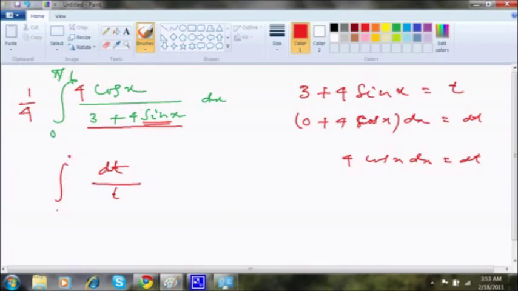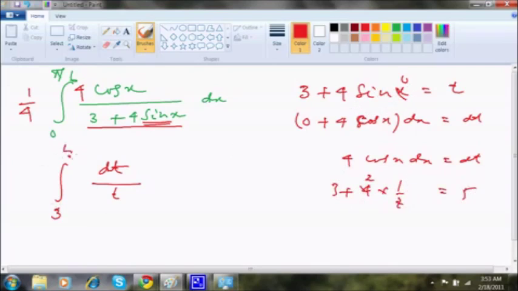This is 0 to pi by 3, so you can make out that when x is 0, this is 3 plus 4 sin 0, and sin 0 is 0, so this is 3. And this is pi by 6, basically meaning 30 degrees. Sin 30 is 1 by 2, so 3 plus 4 into 1 by 2 comes to 5.